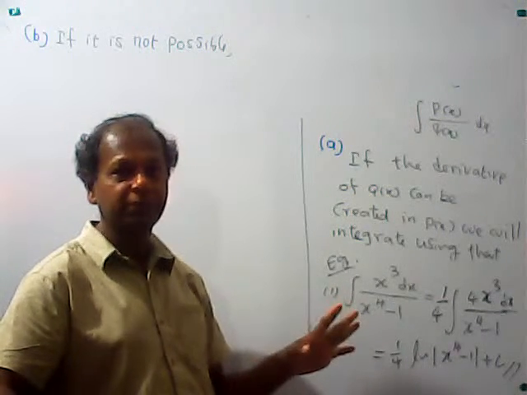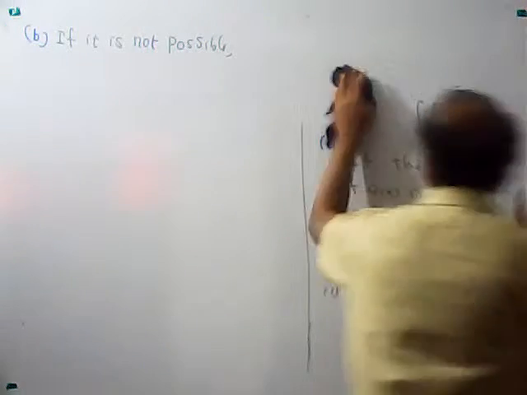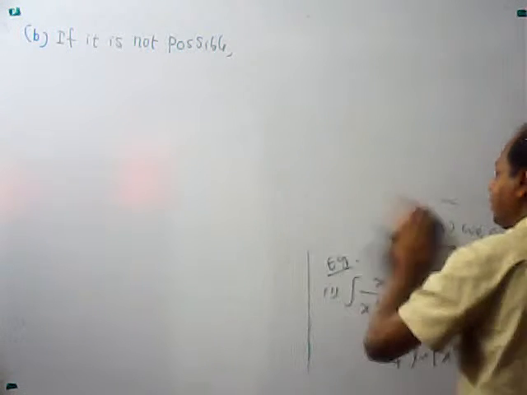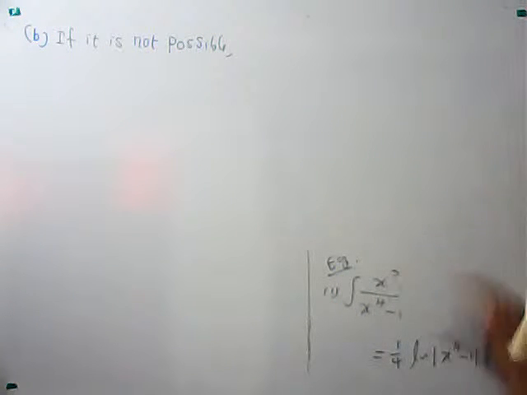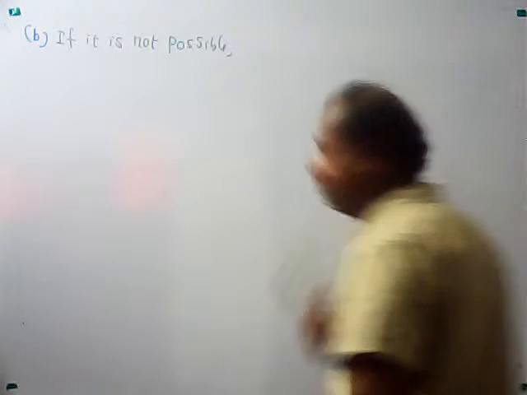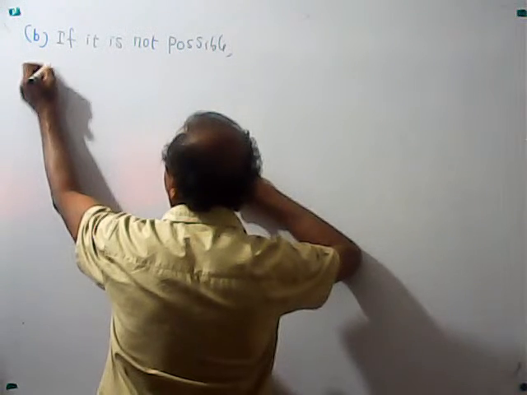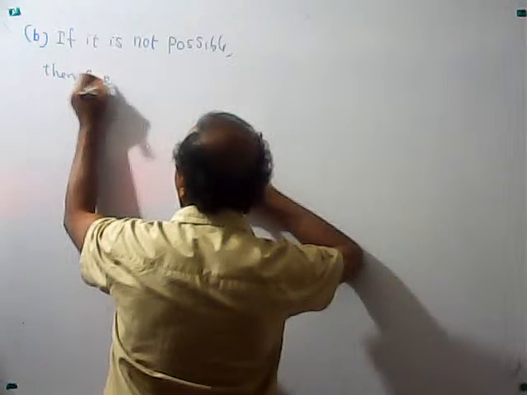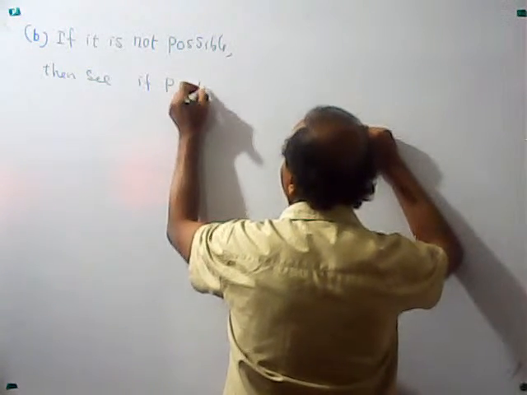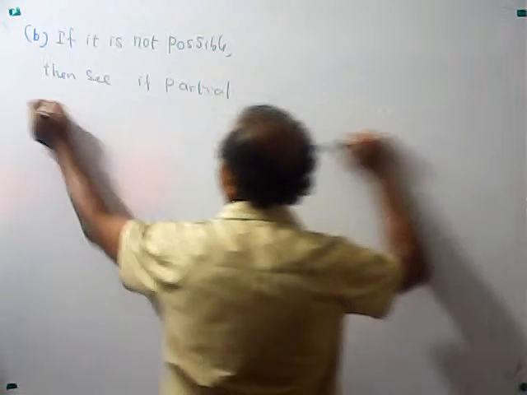Try partial fractions. If this is not possible, our next option is partial fractions. If it is not possible, then see if partial fractions can be used. How to decide that?